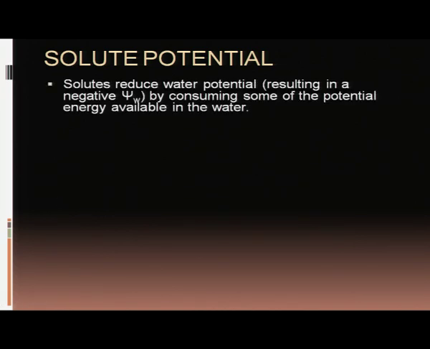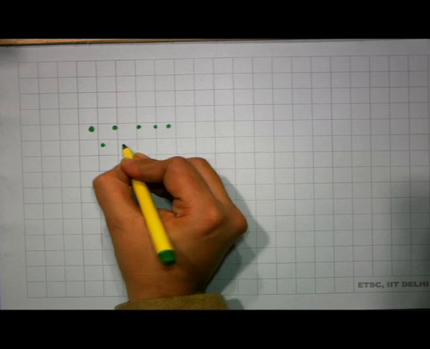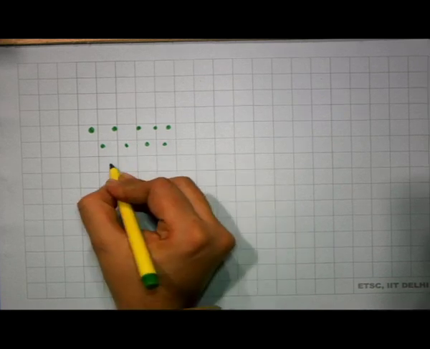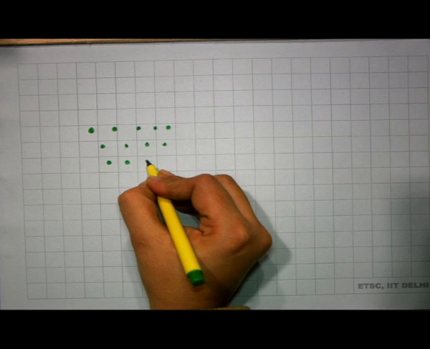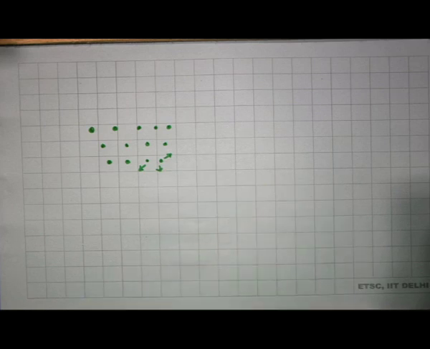Solute potential, as we just talked about, what happens? Suppose there are water molecules in a system. In this system, these water molecules are free to move around, so they have a certain amount of energy.